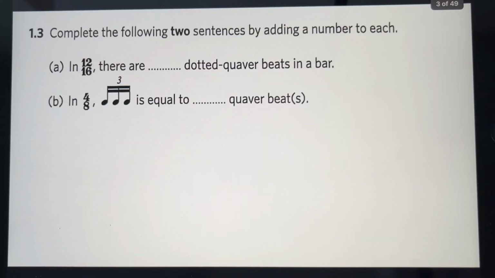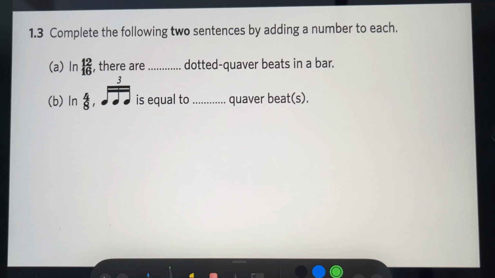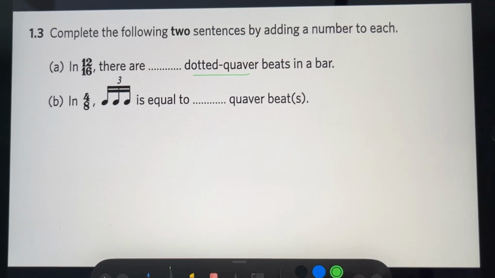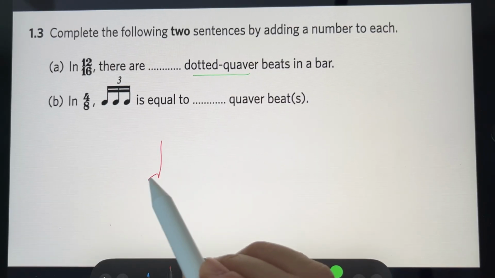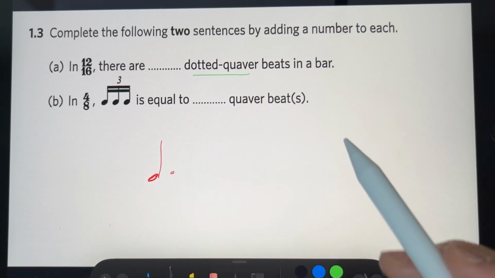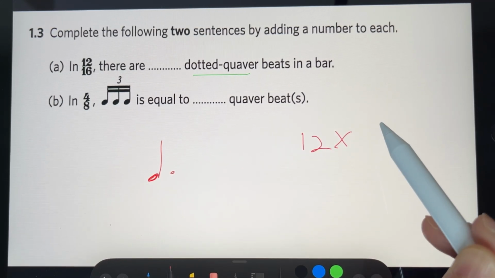1.3, complete the 2 sentences. So we are going to add in the number. First one, in 12/16, how many dotted quaver beats? So dotted quaver beats in the 12/16. 12/16 will be 12 of how many beats?